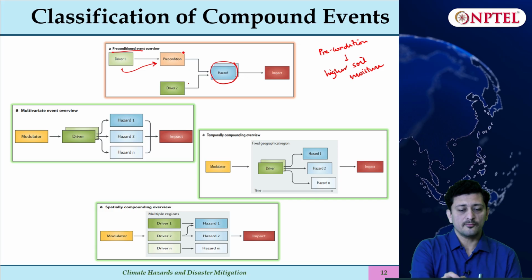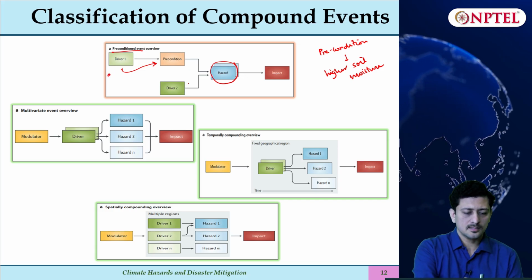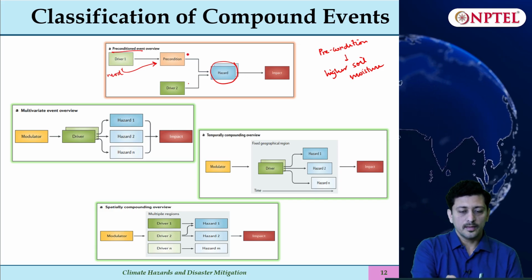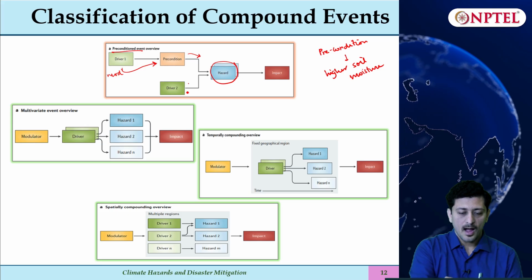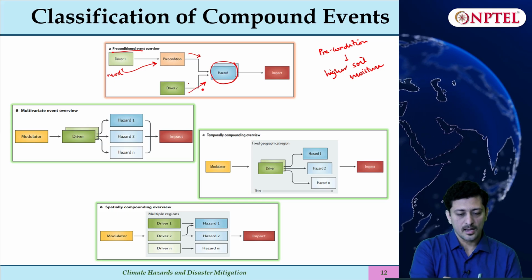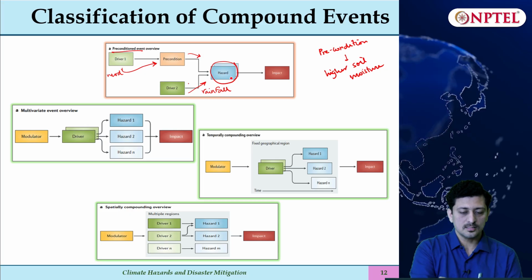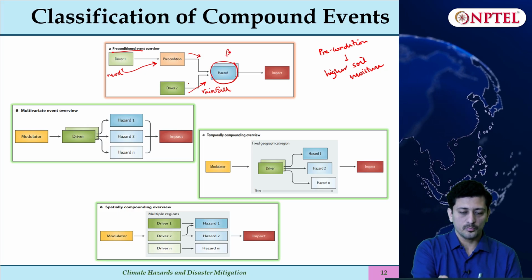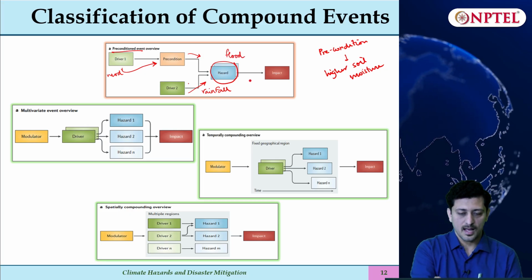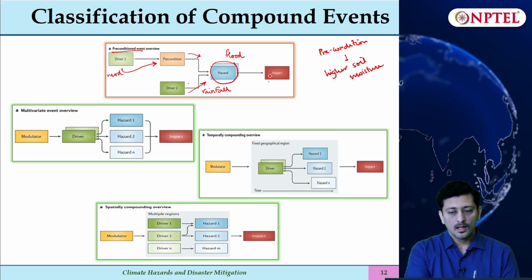If the soil is fully saturated and there is, let us say, moderate rainfall, then it will generate higher runoff, and on the other hand there is higher rainfall or higher stream flow. Both of them combine to generate flood damages, and that can have flood impacts.